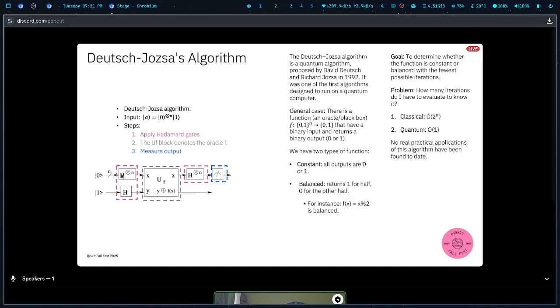And again, we apply the Hadamard to make that superposition.